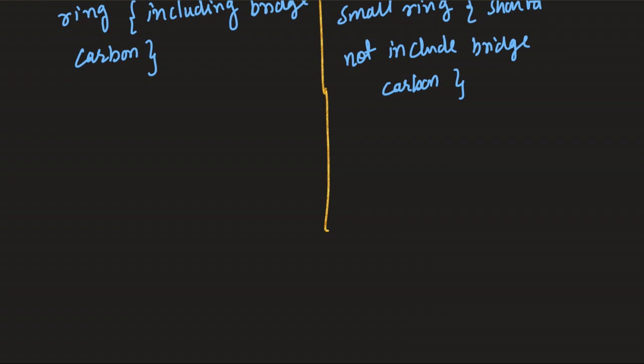Okay, so here two rings have two common points. Here two rings have one common point.